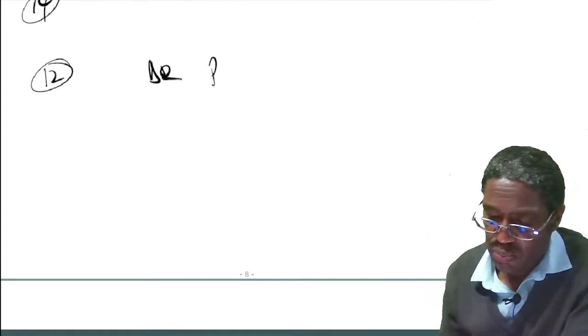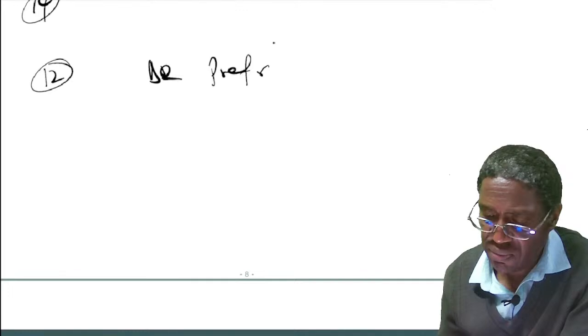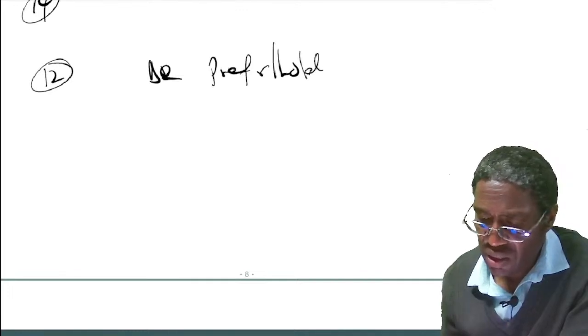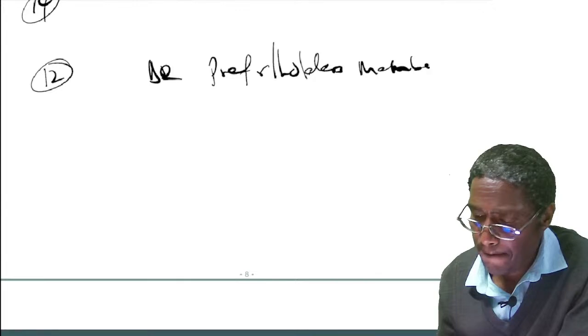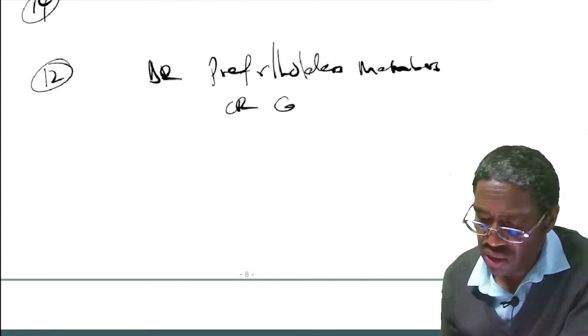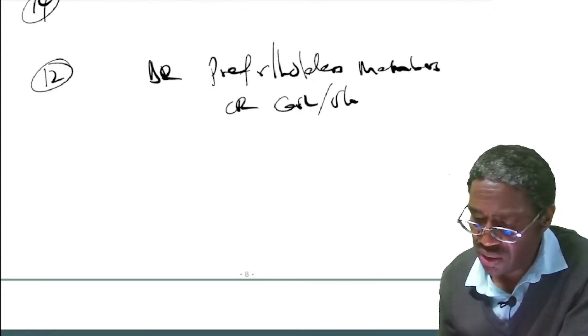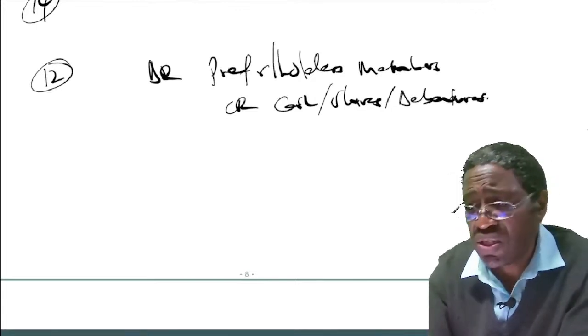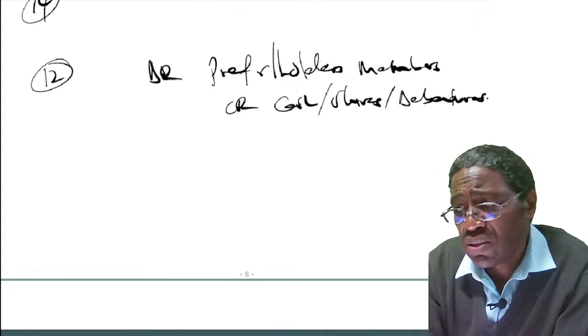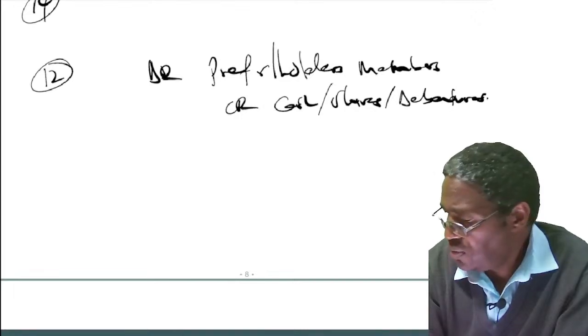So debit preference shareholders members, we are paying them. Credit cash, stroke shares, stroke debentures. Whatever it is that you are using to pay them, use it. Okay?